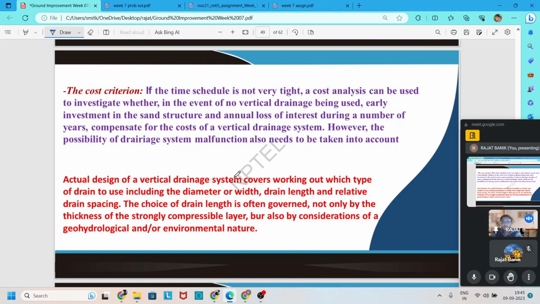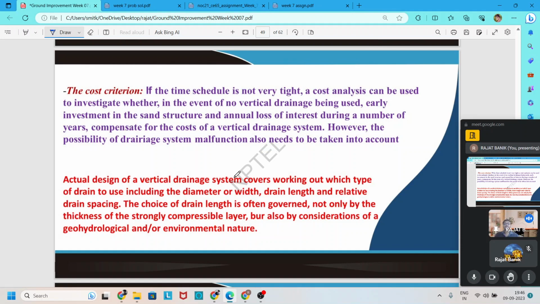And here also one point is given that the actual design of a vertical drainage system covers working out which type of drain to use, including the diameter, width, drainage length, and relative drainage spacing. And the choice of the drain length is often governed not only by the thickness of the strongly compressible layer but also by the consideration of the geohydrological or environmental nature.